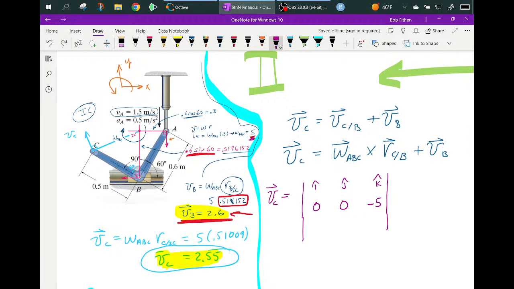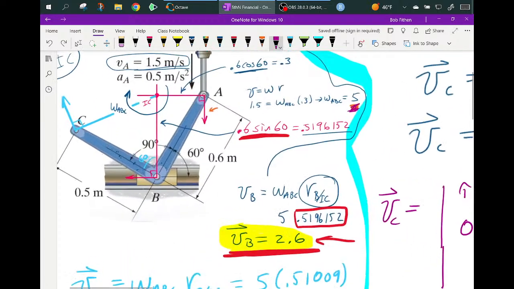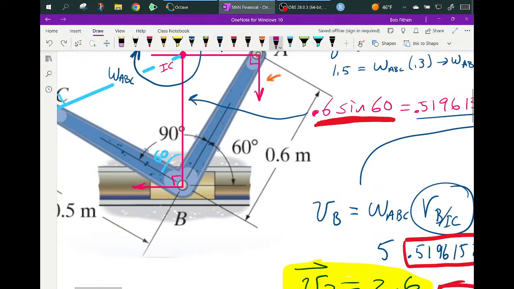Now let's see if we can figure out the other items here. If I look at a line from here all the way to here, I find that 90 plus 60 degrees plus this value is going to equal 180.